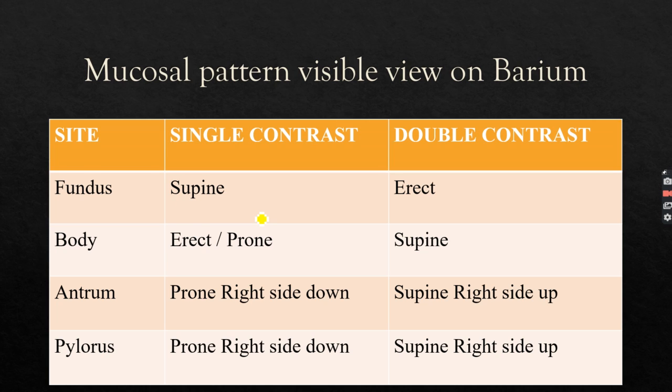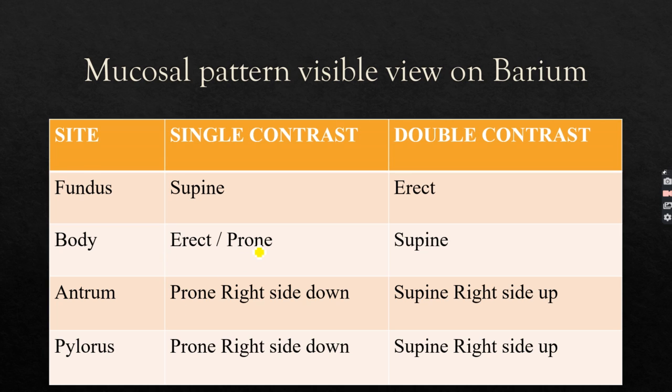Fundal mucosa is visible in supine position. Mucosa of the body of the stomach is more clearly visible in erect or prone position. Whereas the mucosa of the antrum and pylorus in single contrast is easily visible in prone position, right side down, in both the conditions for antrum as well as the pylorus mucosa.